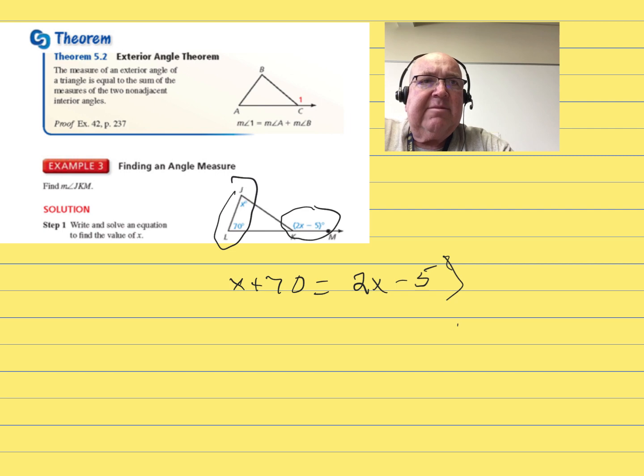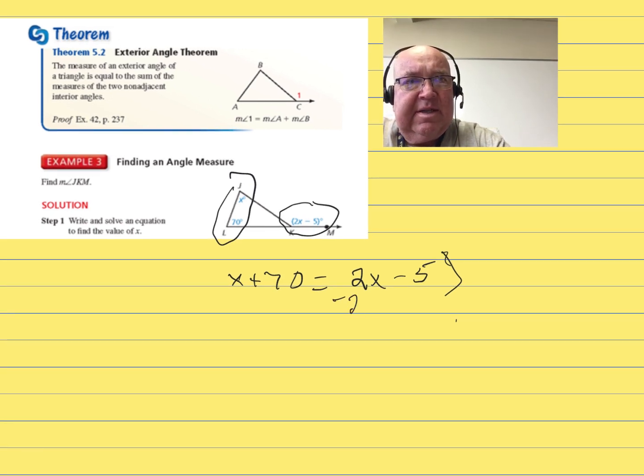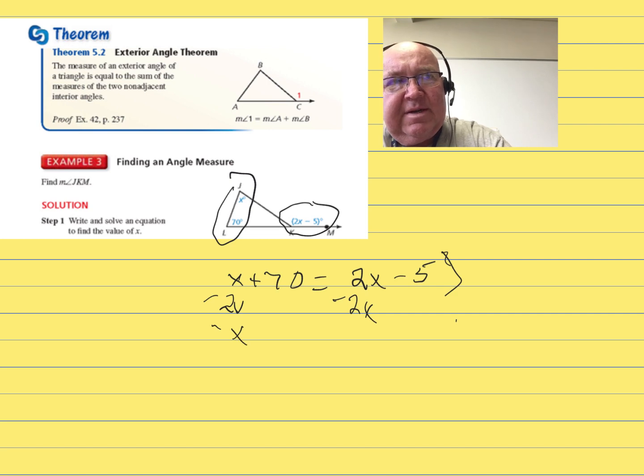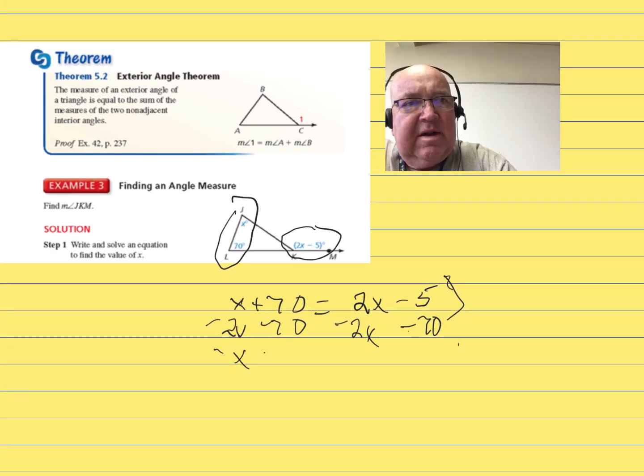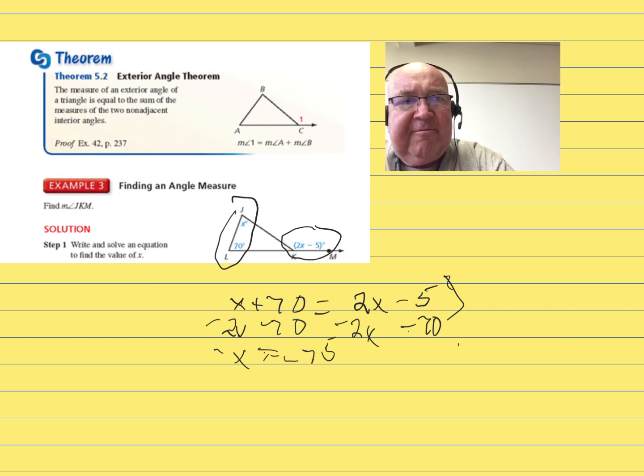What I'm going to do is bring this over to the left hand side, and I'm going to get negative x, and I'm going to take this to the right side, and I get negative x equals negative 75, so x equals 75.